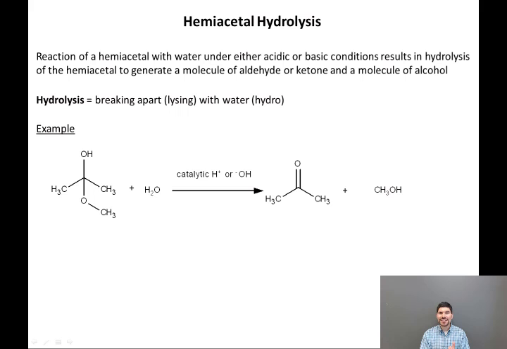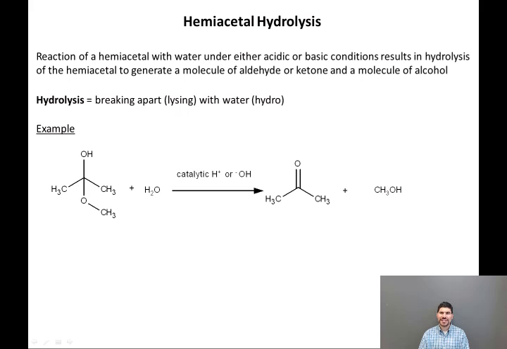So hydrolysis literally means breaking apart with water, hydro. So reaction of a hemiacetal with water under either acidic or basic conditions results in hydrolysis of the hemiacetal to generate a molecule of aldehyde or ketone and a molecule of alcohol.